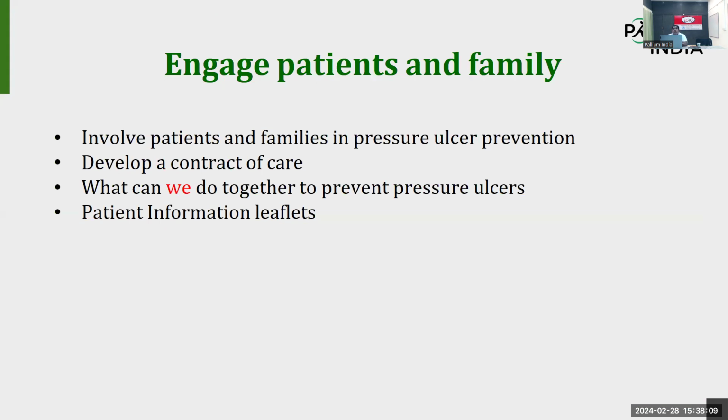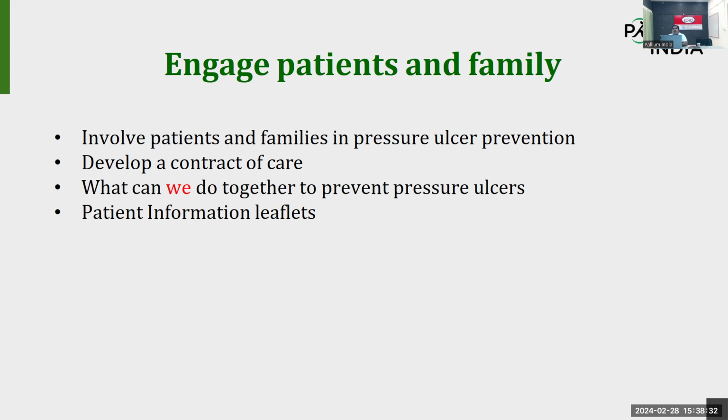In care, you have to engage the patient and family in their own care. Because once you see the patient, you can only monitor or instruct at that time. So you have to involve the family members in the care, so that at other times they will properly take care of the patient.